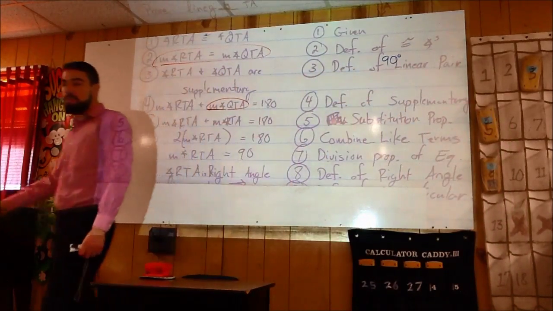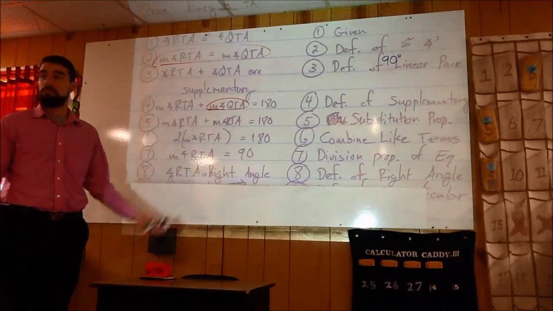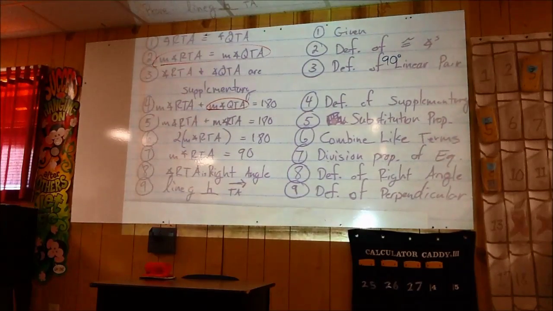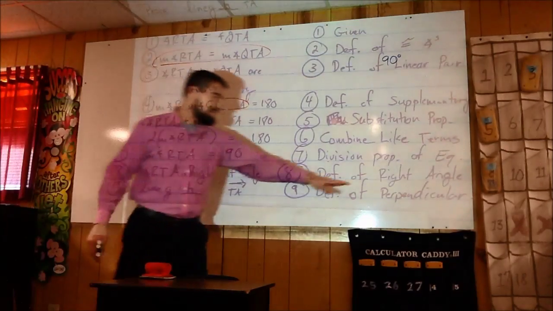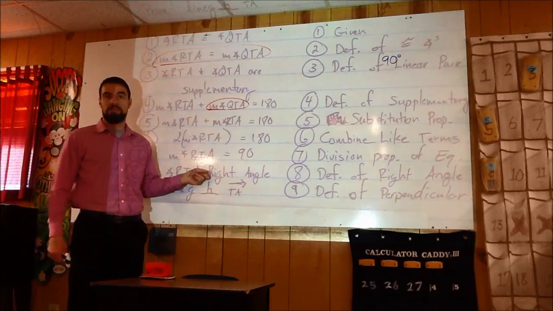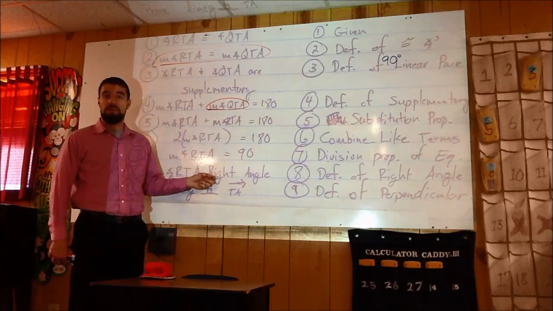From there, step 9, what do we got? Yeah, we're done. We've shown that it's a right angle, so you have your proof statement. These two objects are perpendicular, and again, it's by the definition of perpendicular, because the definition says that right angles are being formed. So we have shown that one of those is a right angle.